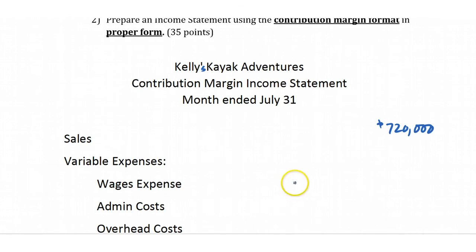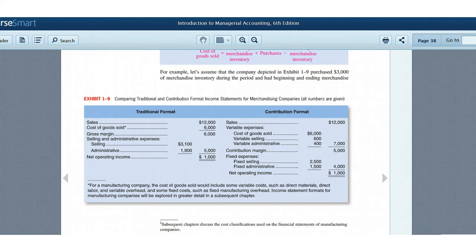Now I'm going to indent these because I'm going to subtotal all of the expenses and then carry it over. Again, that's following the format that you see here. So when we have a list of items, we're going to subtotal those and carry them over.